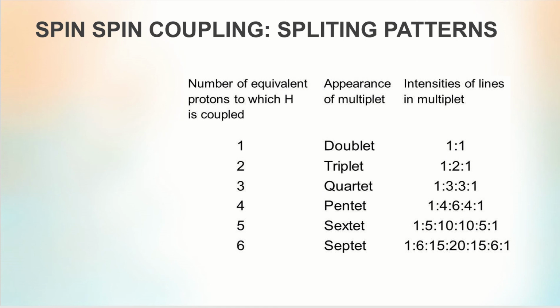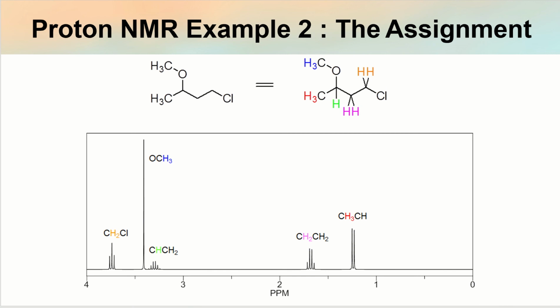So let's count and see if we do in fact have 6 lines. All right, so 1, 2, 3, 4, 5, 6, right? So I know that these 2 peaks are not very intense, but we do have our sextet here.